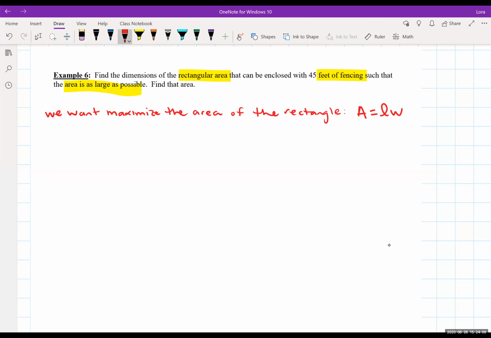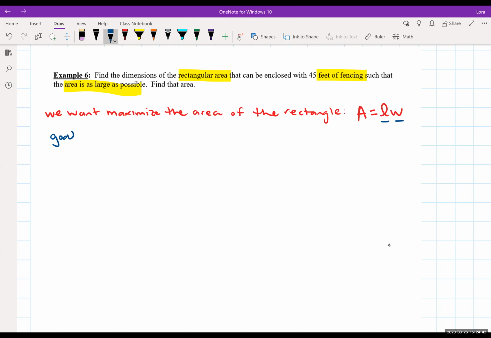But as I'm going through this, in order for me to work with this, I need to have everything in terms of an independent variable and a dependent variable. And right now, what I have is area is dependent on two variables, length and width. So that could work if we have multivariable experience. But in this case, we will use our past experience to help us. I want to write area in terms of only length or only width.